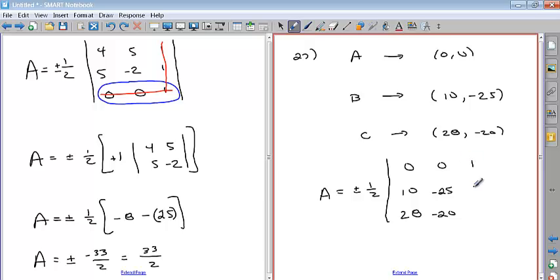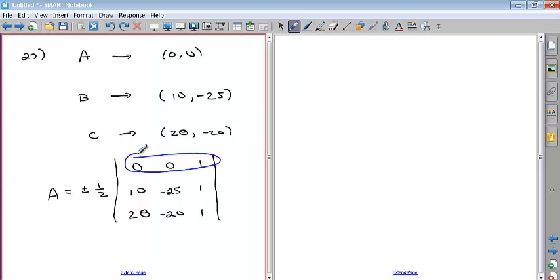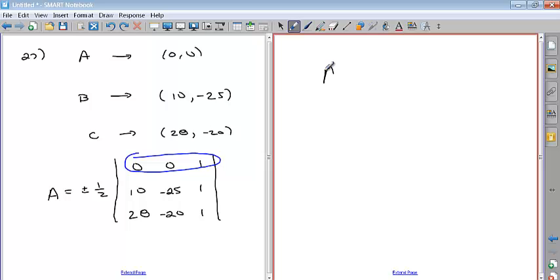And then we put 1, 1, 1. So again, this calculation is going to be really easy because we're going to choose the top row as the one to use. So you get plus or minus a half times 1.